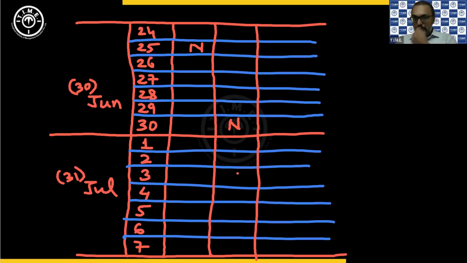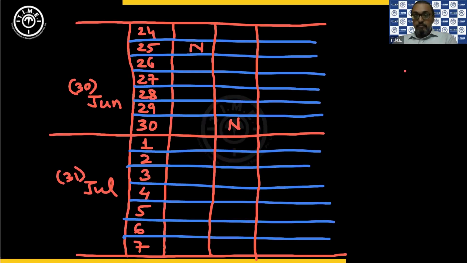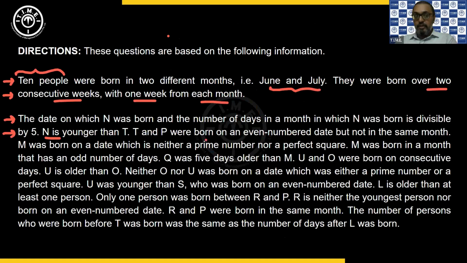So these are the two things. Further, he says N is younger than T. Okay, so we have T and N should be younger than that. So in the first case, T will be 24th. But in the second case, T could be in any one of 24th to 29th. We'll come back to that.